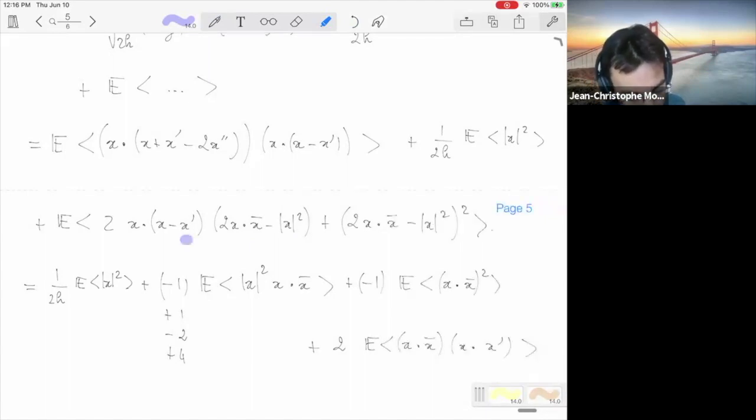Now, this guy with this guy, this is a term of the form x dot x prime, x dot x bar. So it's -4 of this guy. And now this term with this term, this is again another x squared x dot x prime, and I have 2 of them. So I will write +2.